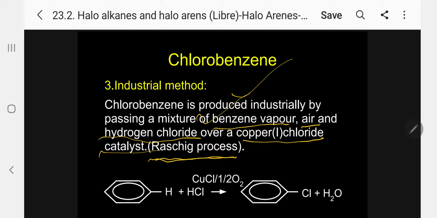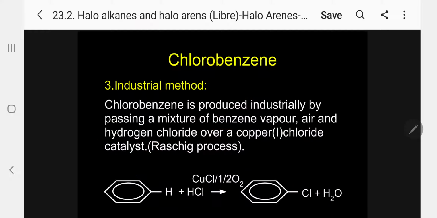That process is called the Raschig process. So benzene we are treating with HCl in presence of catalyst cuprous chloride and atmospheric oxygen from the air, and we are getting chlorobenzene and water. This is the industrial method.